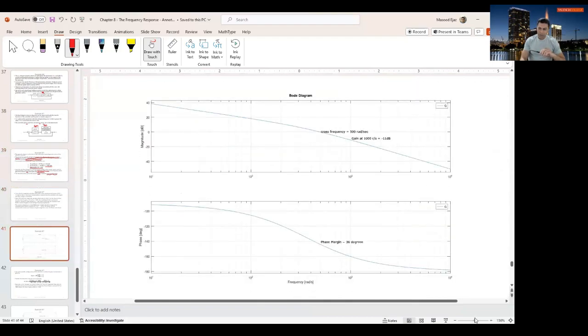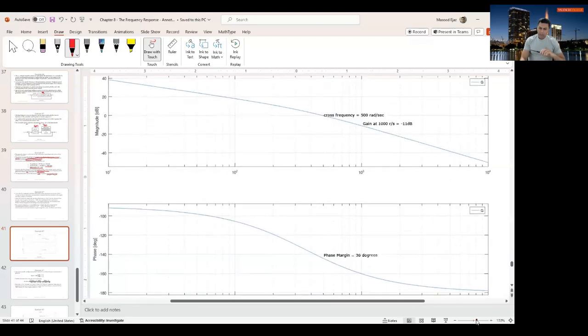And here we are going to observe three things. The first thing we're going to observe at 10 radian per second, you have approximately close to 40 decibel gain for the uncompensated system. That means compensation for that part is not really necessary. You have very high gain at 10 radian per second.